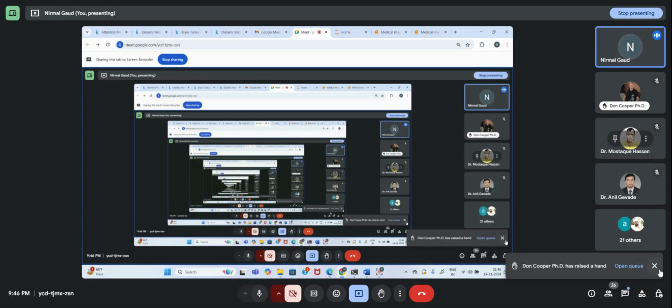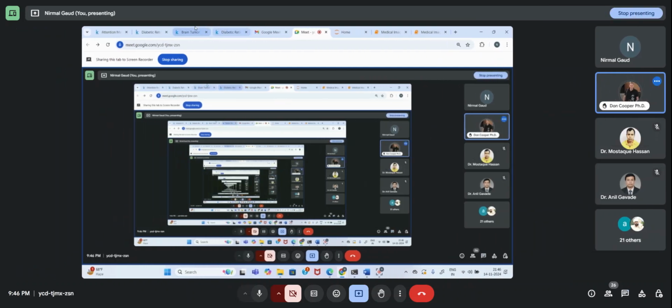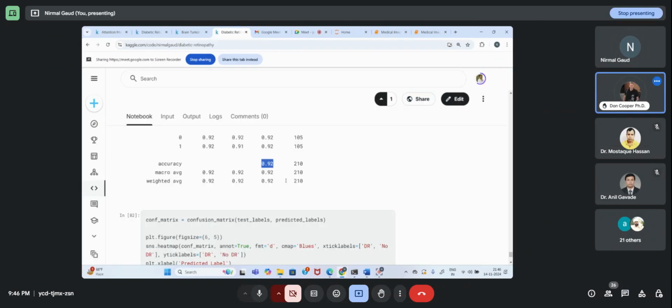Yes, sir, ask the question. Once we have trained the model and done the testing and validation, we want to go towards prediction with novel images for diagnostics. Do you cover that in this code?